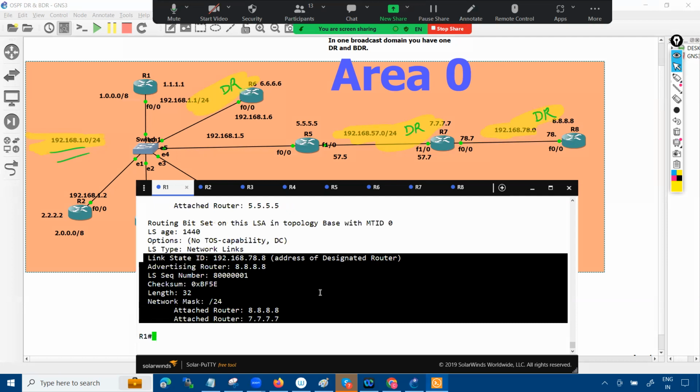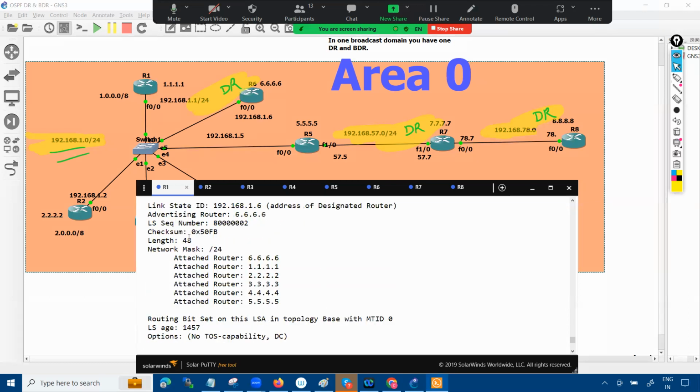OSPF will give you the link information, the IP address information, and also how many routers are attached in my domain. You have detailed information within the area.